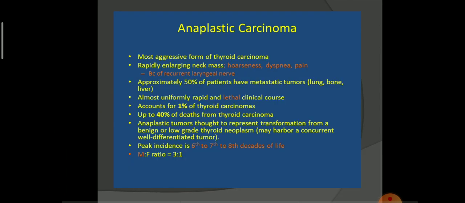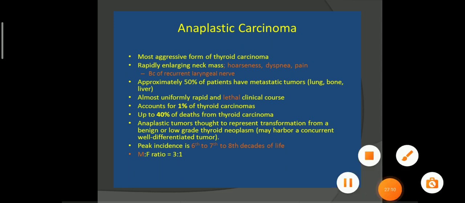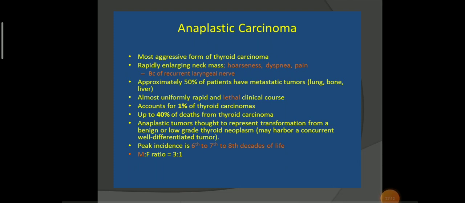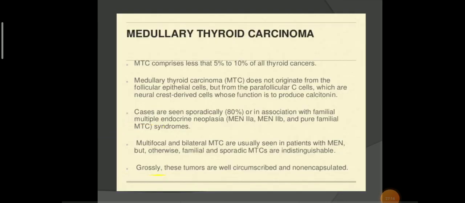Coming to anaplastic carcinoma. Anaplastic carcinoma is the most aggressive form of thyroid tumors, and it mostly arises in elderly people, above 6 to 7 decades of age, and it looks very firm and whitish in appearance. Okay, and it mostly occurs in males, the ratio of males to females being 3:1.